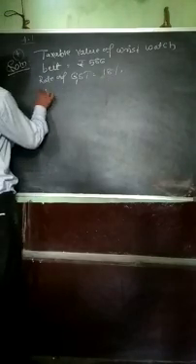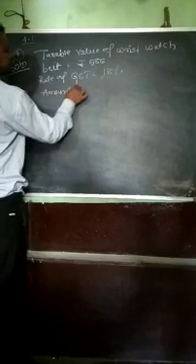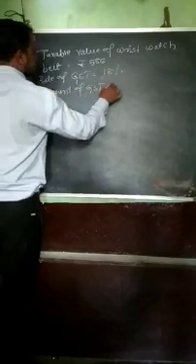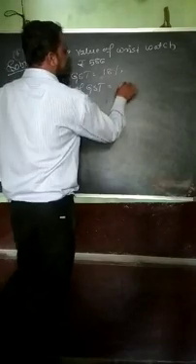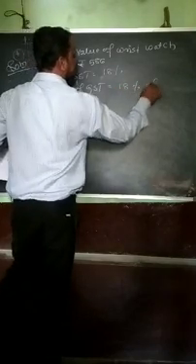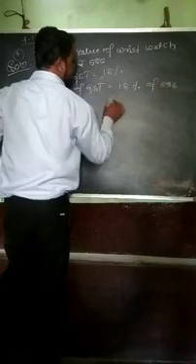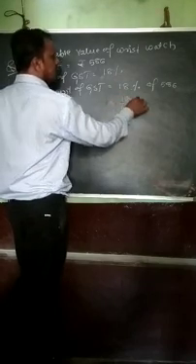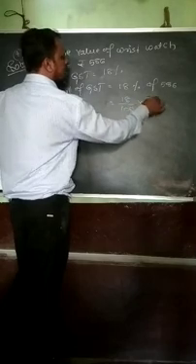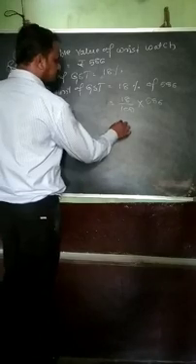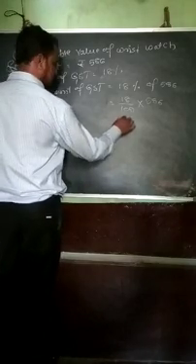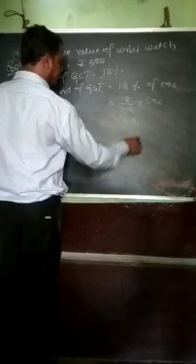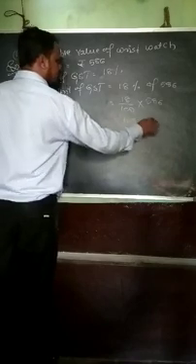Therefore, amount of GST is equal to 18% of 586. See here, 18% of 586. Remove the percentage sign, then divided by 100, and 'of' means into 586. You solve, you get 105.48.